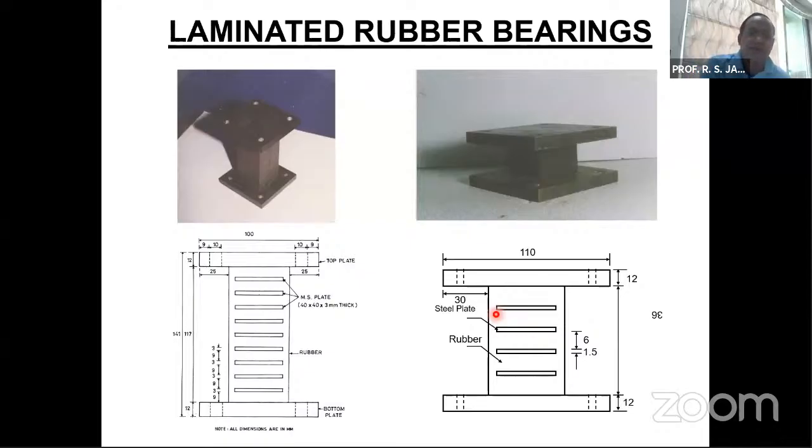So details of the FR fiber reinforced elastomeric isolators were presented by both Professor Dev as well as Professor Datta, and in which they replaced these steel plates with the carbon fiber.